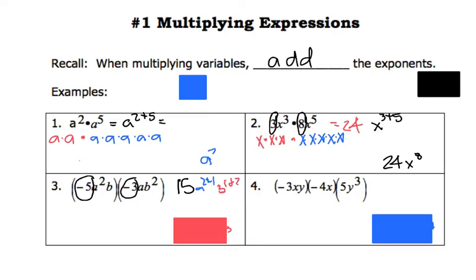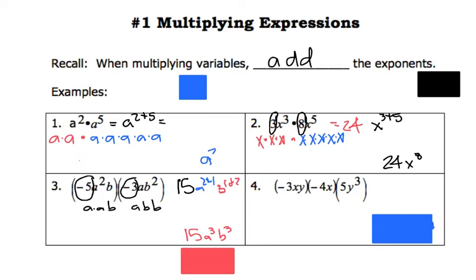So we would end up with 15 a to the 3rd power, b to the 3rd power would be our complete answer. Remember, if you're not really understanding how do I get all those a's and all those b's together, you can always draw it out and then literally count up your letters to get your exponent.